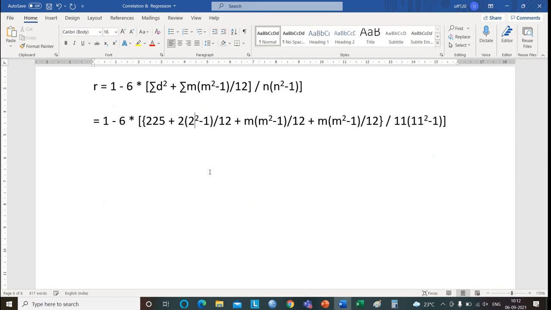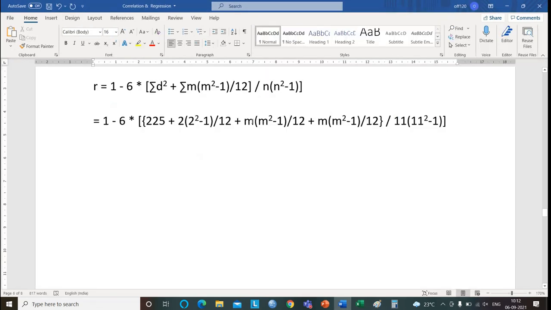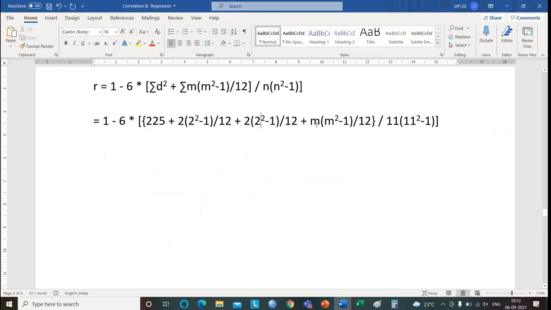So we get 2 into 2 square minus 1 divided by 12. The second time also there is a tie between only two values, so the second expression is also 2 into 2 square minus 1 by 12. And the third expression is also a tie between two itself, so we get 2 into 2 square minus 1 divided by 12.